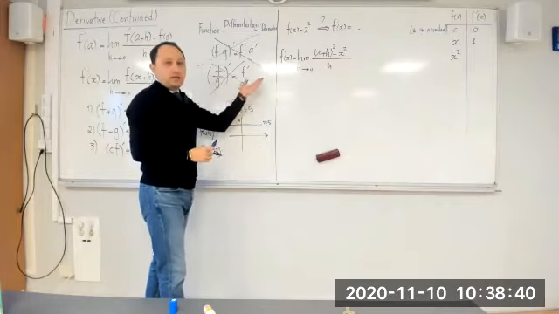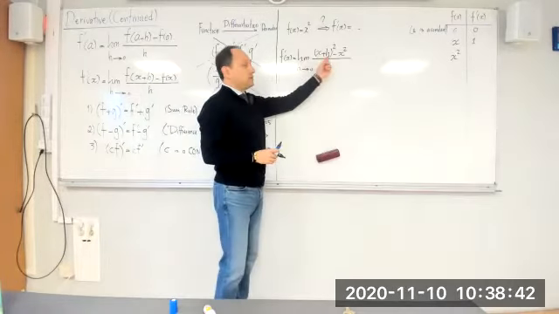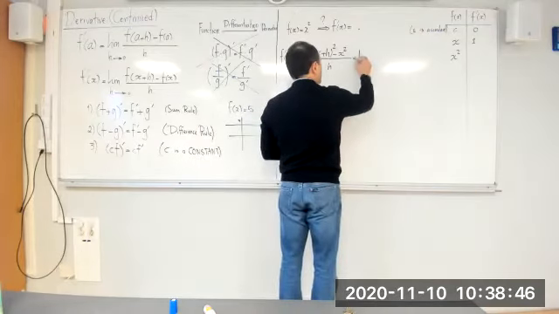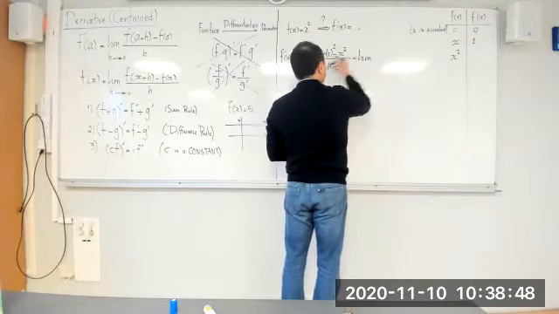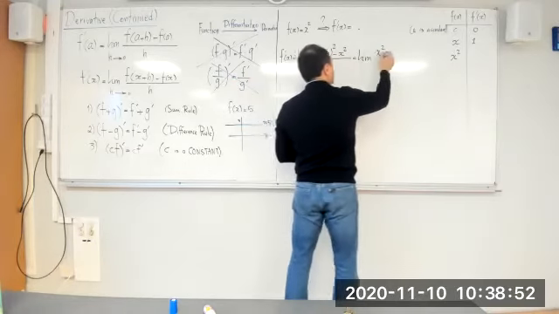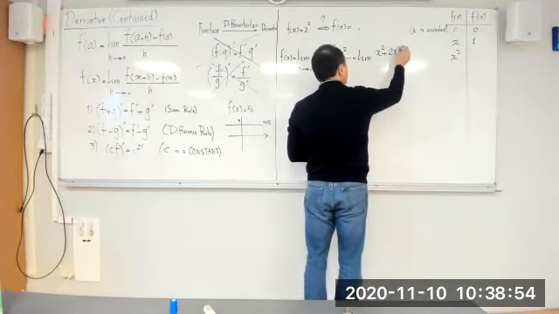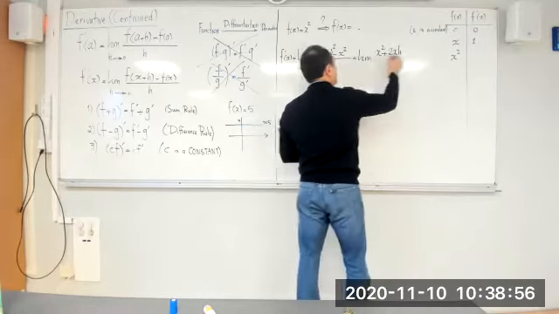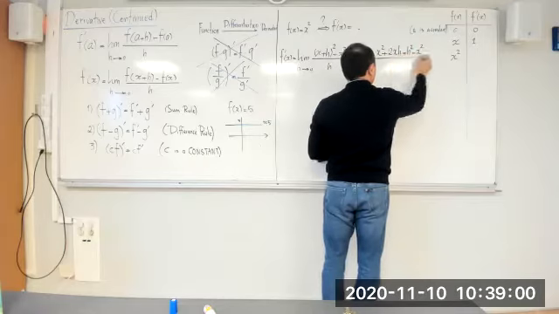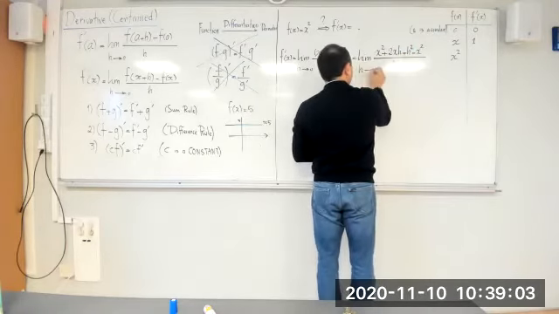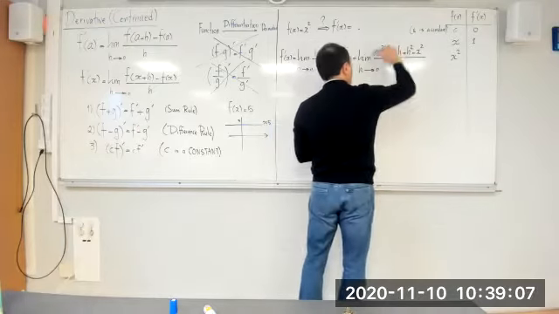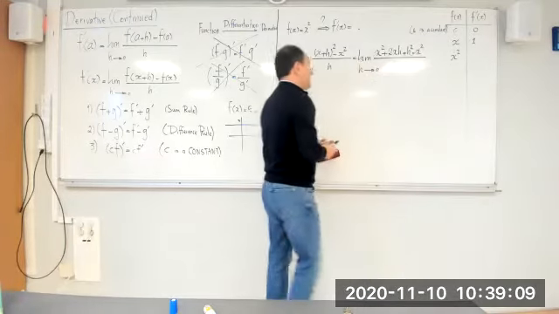Okay, one way to calculate this limit is to expand this expression. So what happens? This becomes the limit of the first one to the 2, x squared, 2 times the first one times the second one, 2 times x times h, then second one is squared, and then I have minus x squared, and then I have divided by h goes to 0. And then you see what happens, this x squared and that minus x squared are canceled.